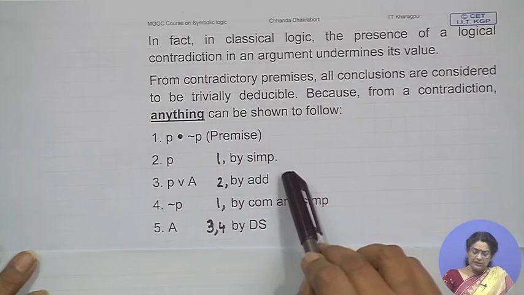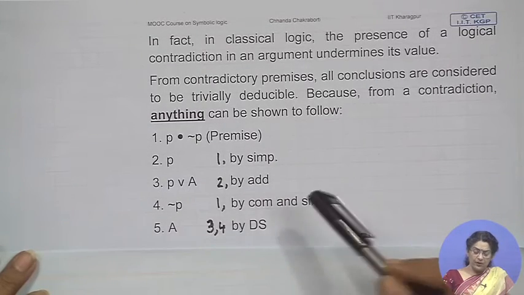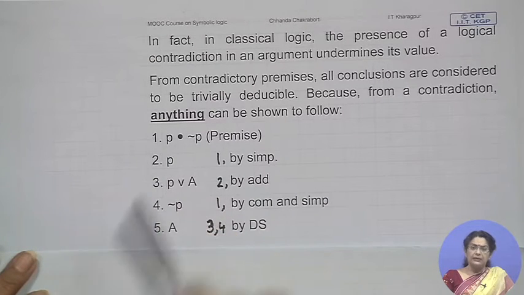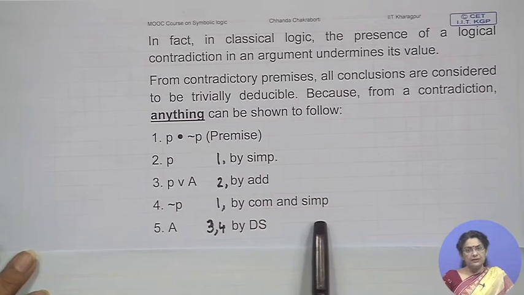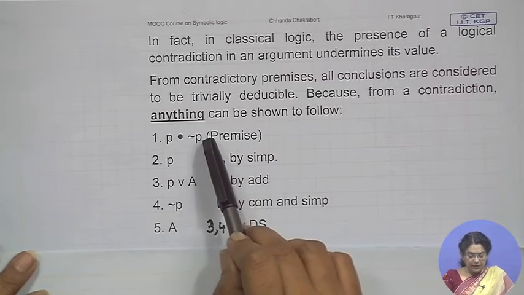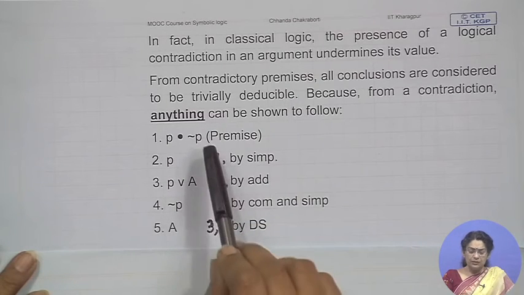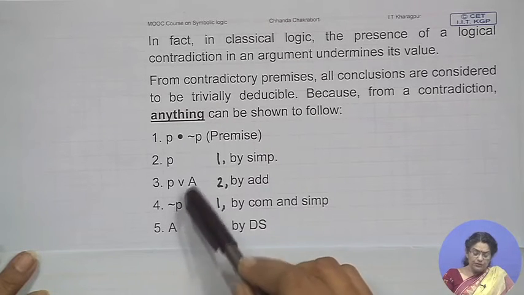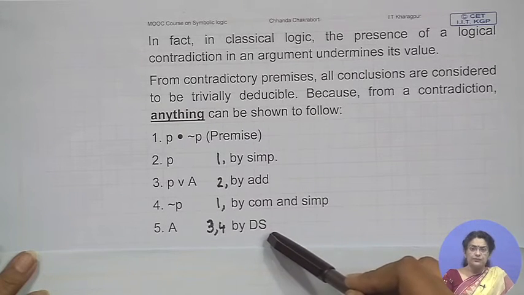See, the validity is preserved so far, and then we can take not P out from line 1 by commuting and then simplifying. I have combined this step, with your permission, on line 4. On line 1, we switch the position of P and not P and take not P out, fine. But then you put 3 and 4 together and apply DS, what will you get?